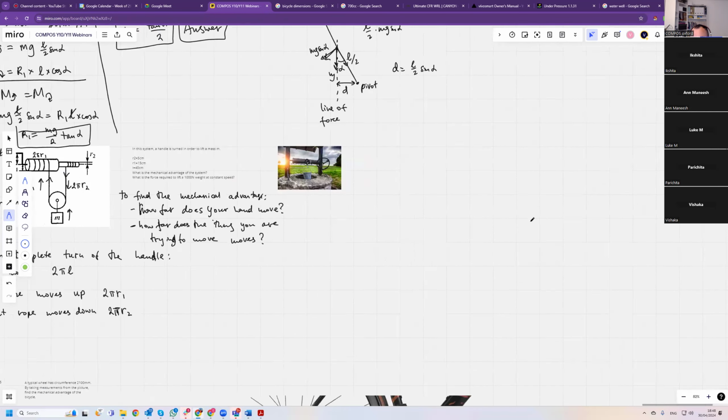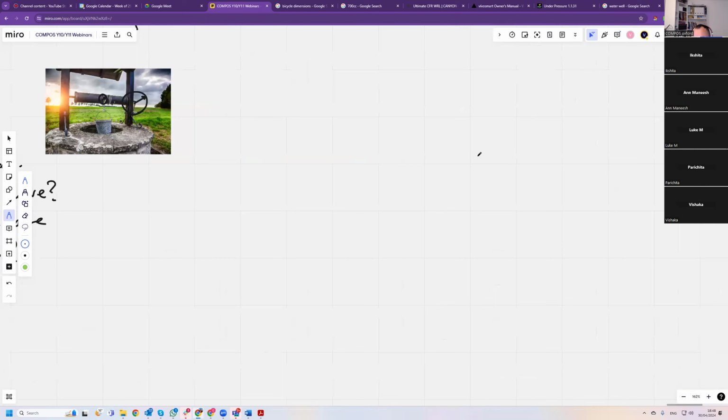Look, imagine the right rope was stationary, and this rope moves up by 1 meter.